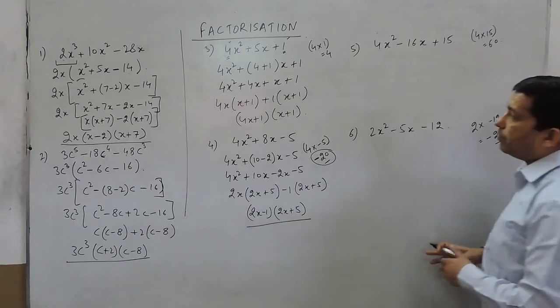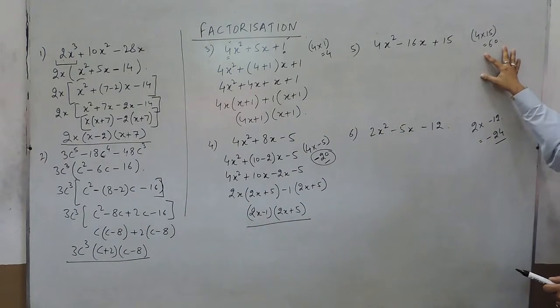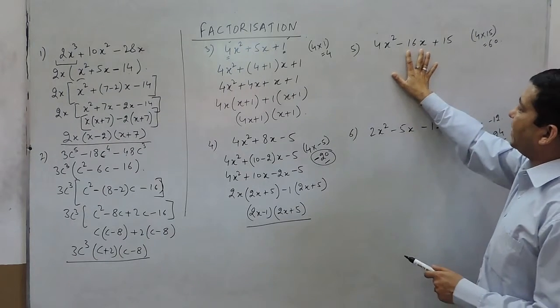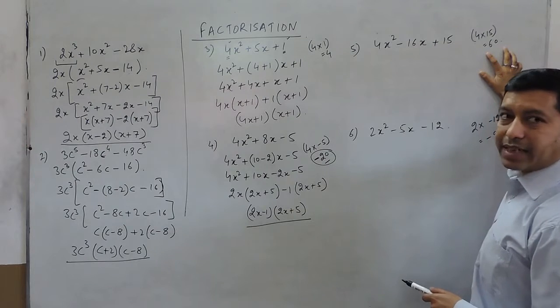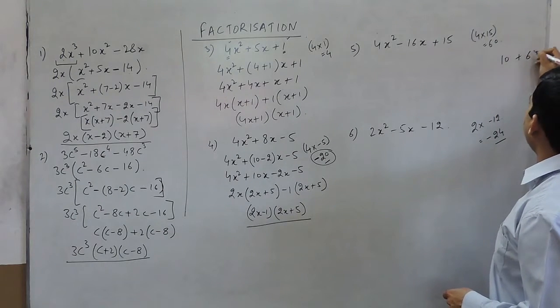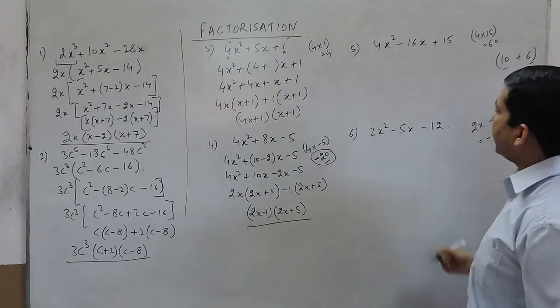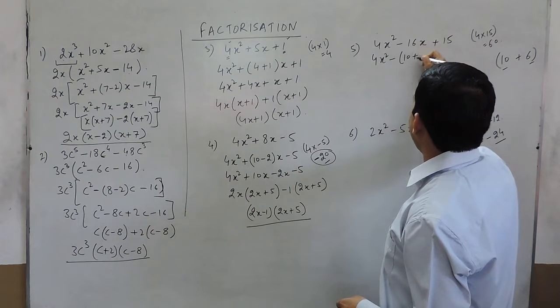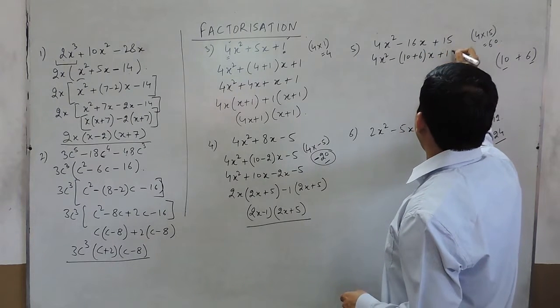Again, in this question, we understand that the middle term should be broken into two parts so that the sum is 16 and the multiplication is 60. The two numbers where the sum is 16 and the multiplication is 60 are 10 and 6. So we can put it 4x square minus 10 plus 6 into x plus 15.